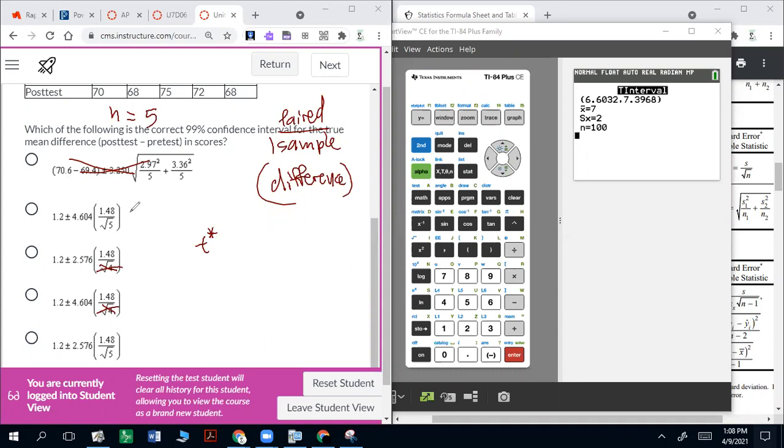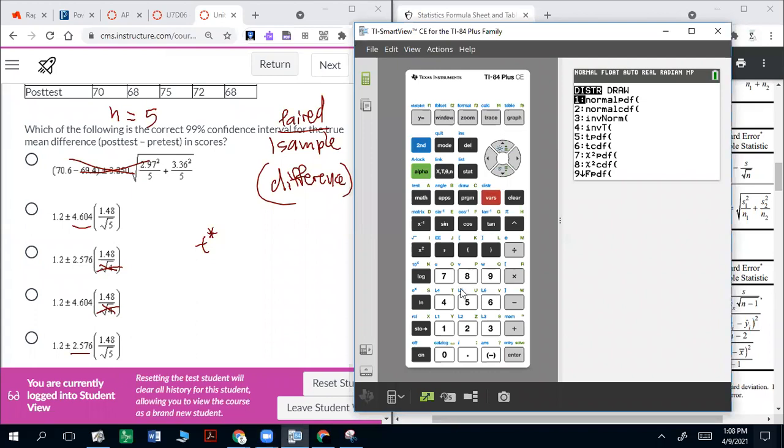So we've got to narrow down to this. Looking at that 5 and that 5, it really amounts to what that T star is. We can get that using inverse T. This is a 99% interval, so we go to 0.99, average that with 1, and the degrees of freedom will be 4, because the degrees of freedom is n minus 1.